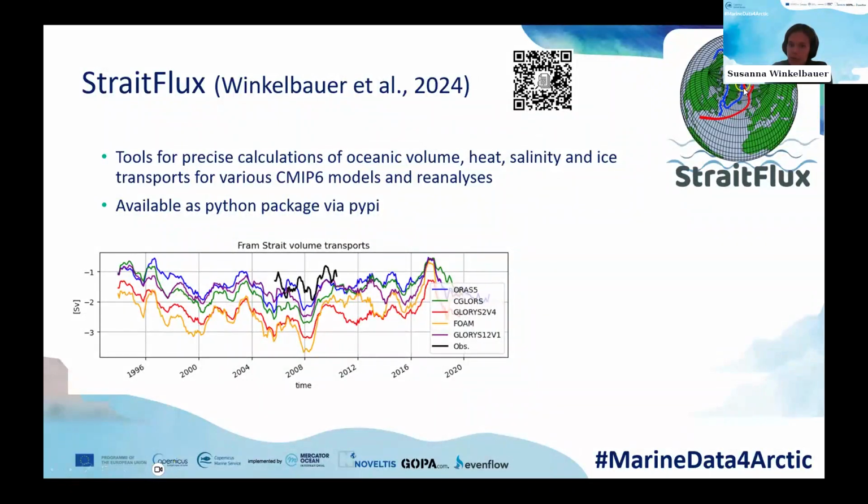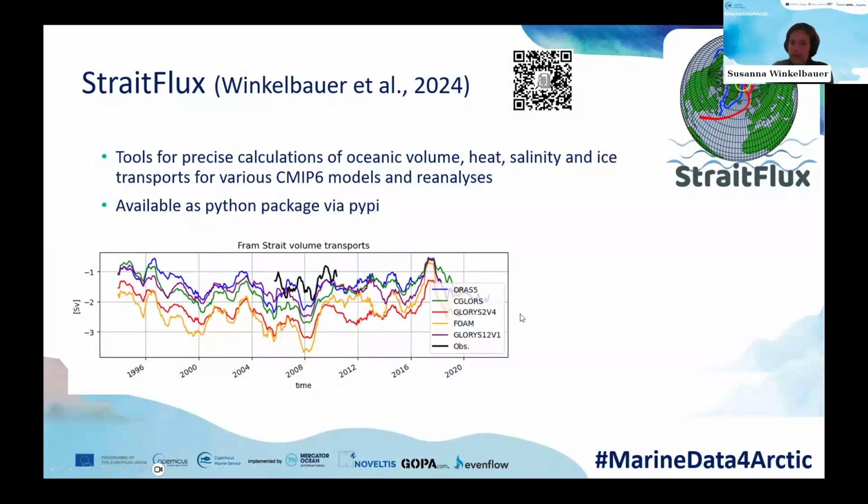For example, if we look at Fram Strait between Greenland and Svalbard, here we see the volume transport, so we can really assess the volume that is being transported via this section, for different reanalysis, all of the colorful lines, and derived from available observations, the black line. So we see that in general for these sections, the reanalysis are actually biased low.